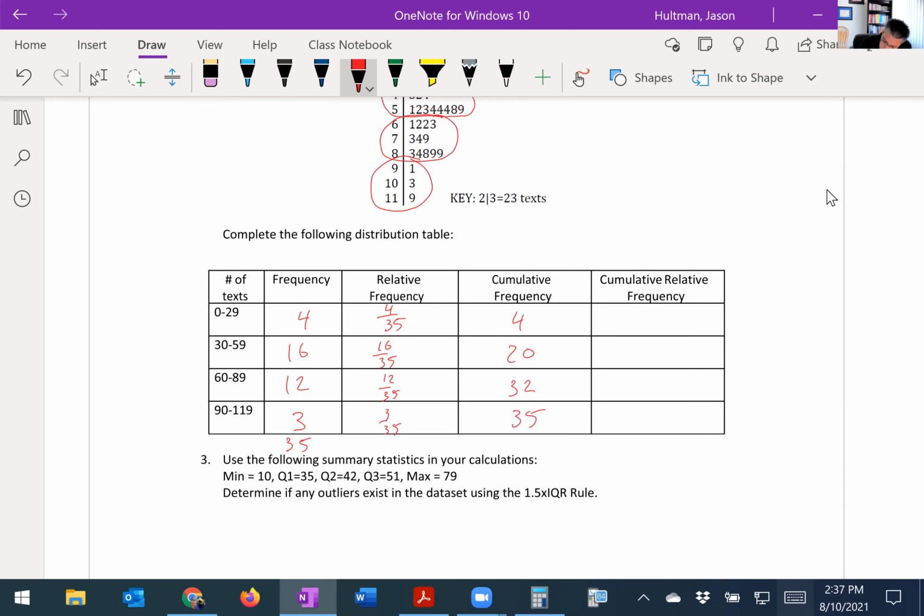Okay, cumulative relative frequency, that's going to be 4 over 35, 20 over 35, and that will reduce to 4/7. Okay, 32 over 35, and 35 out of 35, which will reduce to 1.